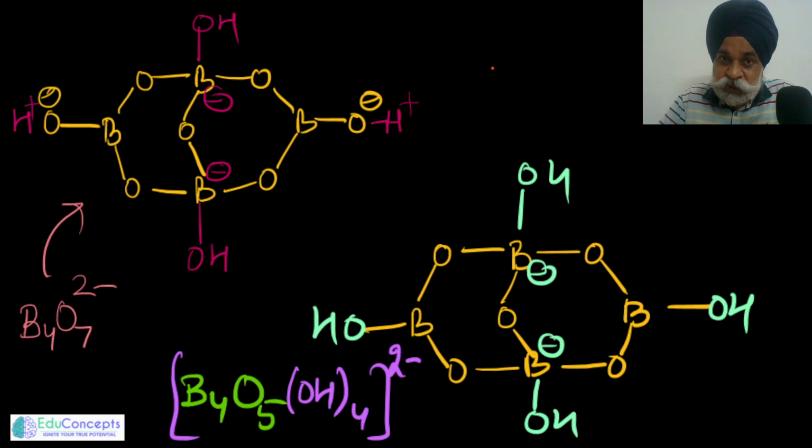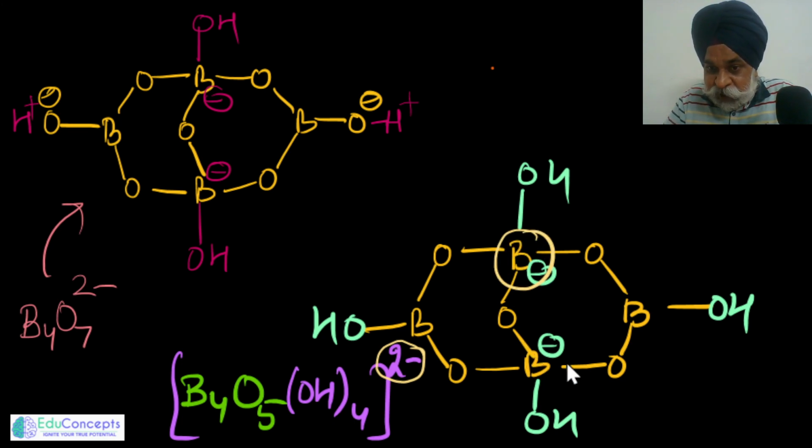As I told you at the start of the session, whatever is the amount of charge you see on a hydrated anion of the borate, that many tetrahedral boron atoms are there in this. So you may get a question on this discussion in this way: in this particular anion, how many borons are in tetrahedral form, and how many are in trigonal planar form.